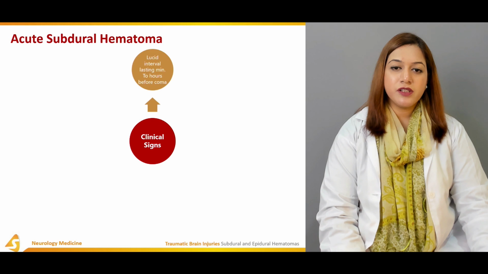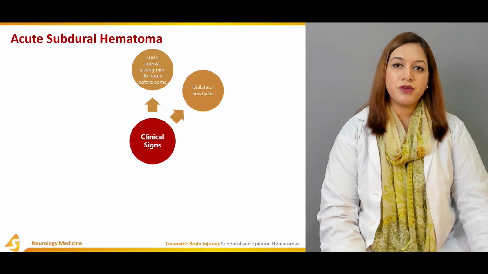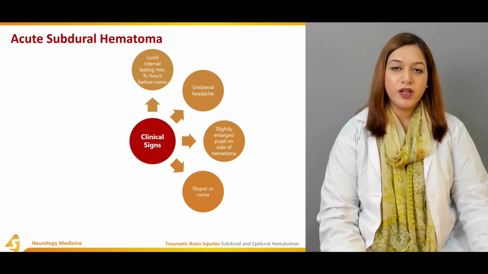The clinical signs of acute subdural hematoma: in 1/3 of the patients, a lucid interval is present, lasting from minutes to hours before coma intervenes. The patient might experience unilateral headache. There will be a slightly enlarged pupil on the side of the hematoma.